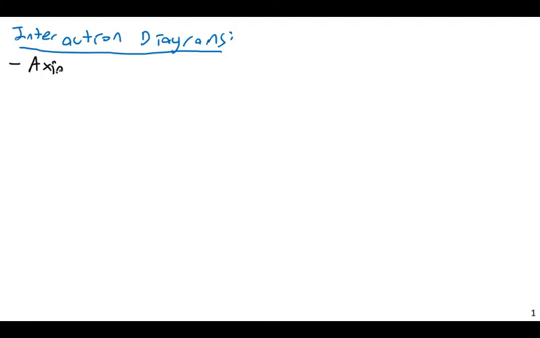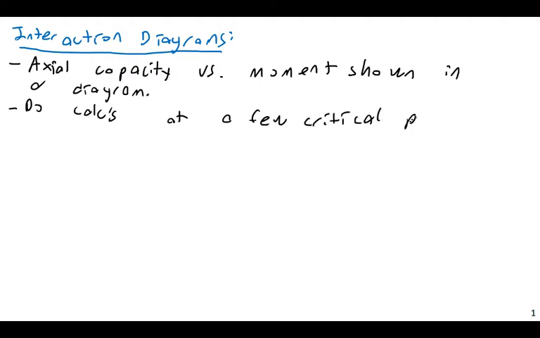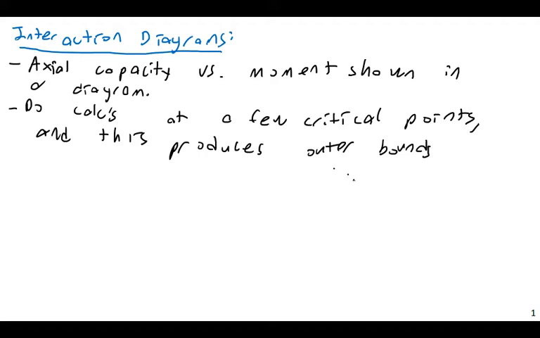Essentially, we're going to do some calculations at a few critical points, and this will produce the outer boundaries of our acceptable region, or acceptable load.